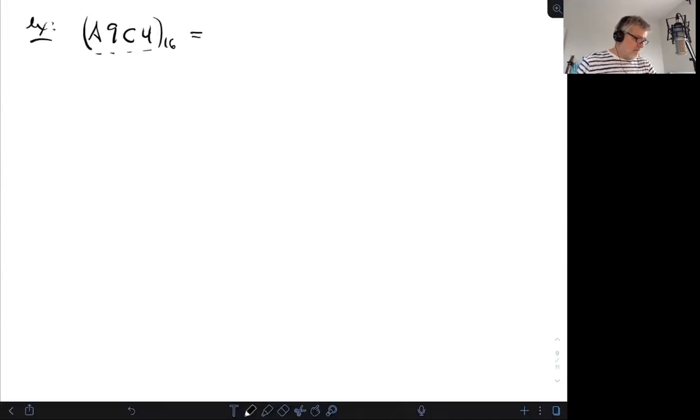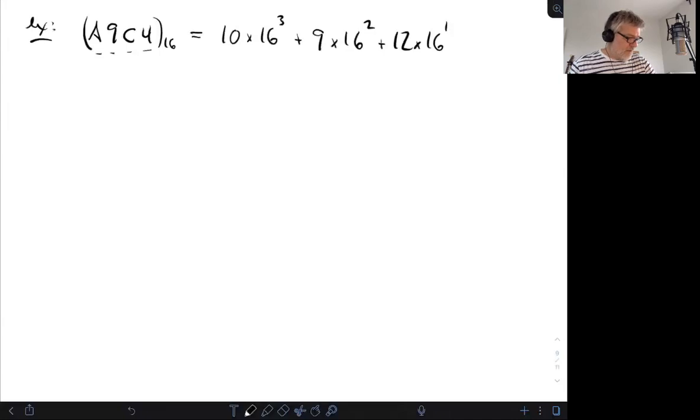So this is 10. A is 10, right? Times 16 power 3 plus 9 times 16 squared plus C is 12. 12 times 16 power 1 plus 4 times 16 power 0.